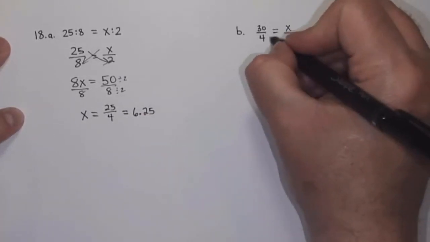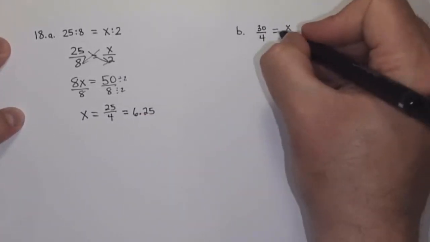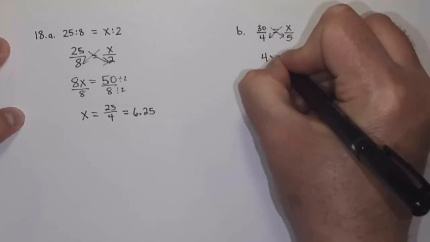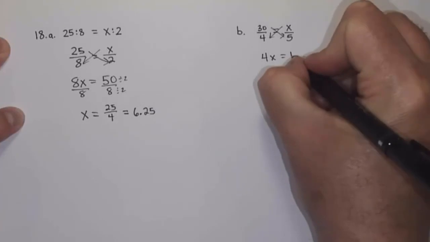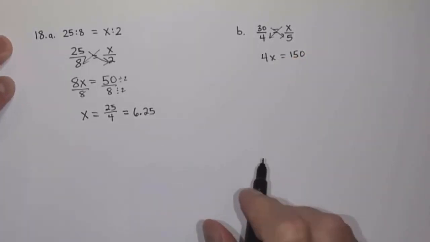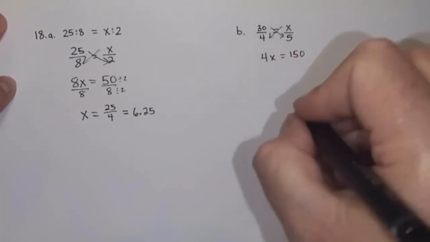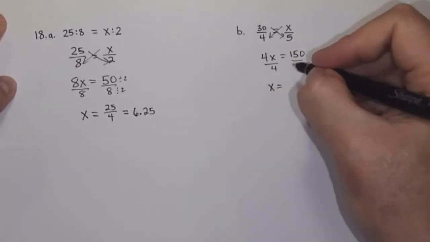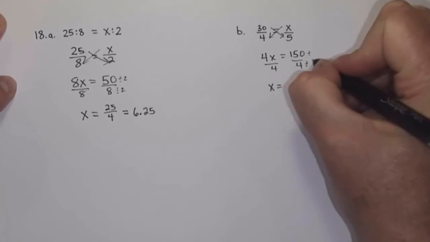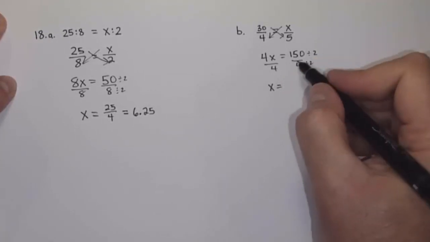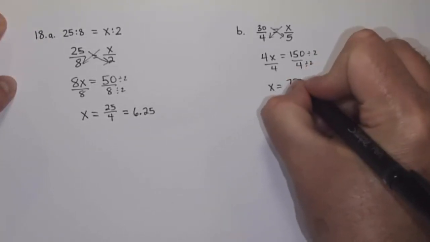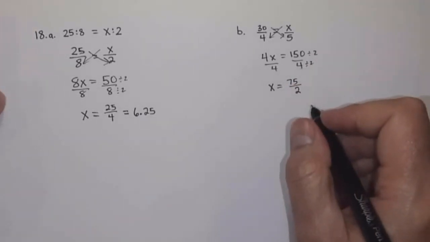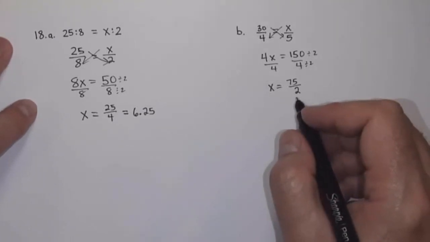Okay? Here we already have our proportion written in fraction form, so we're going to do the same kind of thing. x times 4 is 4x. 30 times 5 is 150, so 4x equals 150. If we divide both sides by 4, then x is going to equal, again, I can leave this in fraction form and reduce. 150 divided by 2 would be 75. 4 divided by 2 would be 2, so that would be 75 halves.